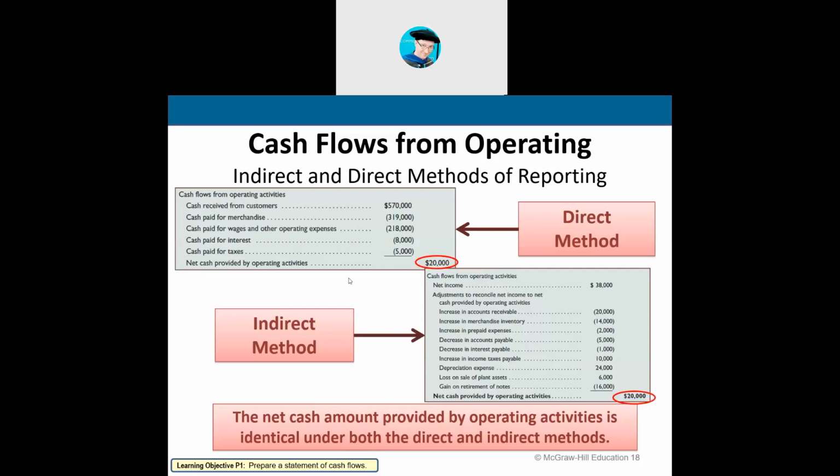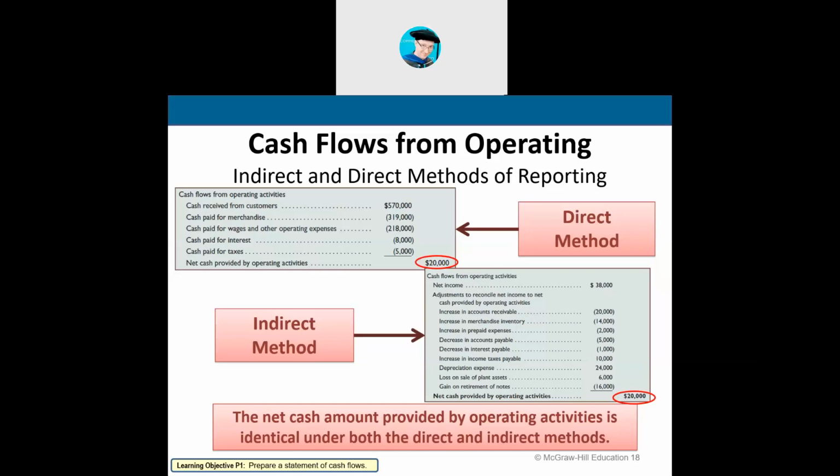The direct method is what we call direct. And this is just for the operating activities. For operating activities, the direct method is direct. We have cash coming in from our customers minus cash going out of the business for expenses like merchandise, wages, interest, taxes, to equal our net cash flow for operating activities.